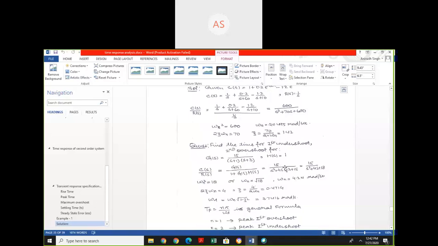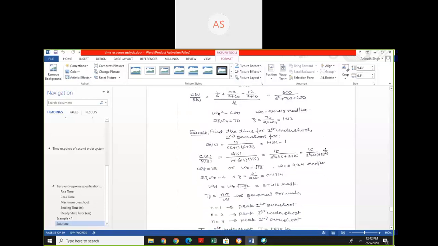Substitute the value of G(s) and H(s), we get the value of C(s) by R(s). And this is the standard equation. In this, the value of omega n is under root 18, and the value of zeta is 0.4714.